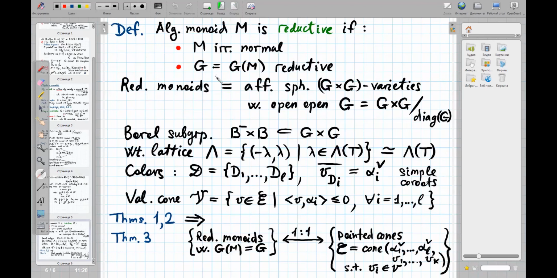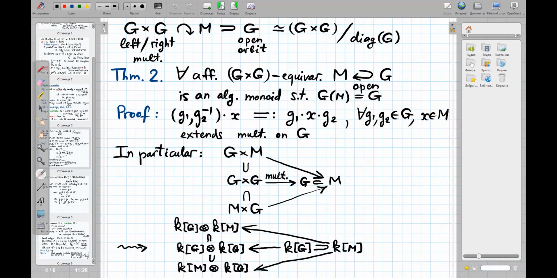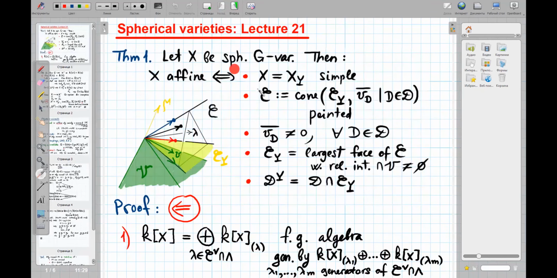So reductive monoids with given group of invertibles G are the same as affine spherical G cross G varieties with open orbit G. But affine spherical varieties are described by the first theorem. They correspond one-to-one to the cones of this type with these conditions.